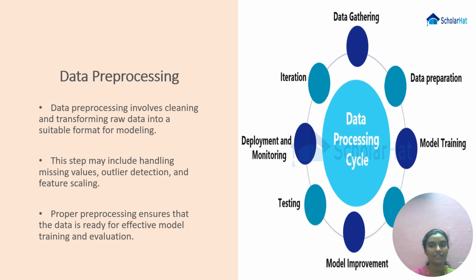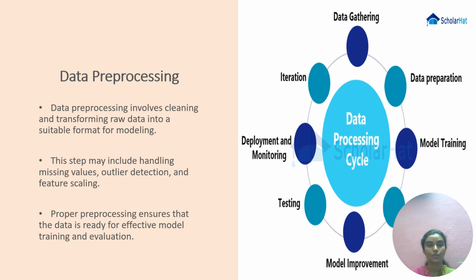The data will often be in a disordered manner; once preprocessing is done, the data will be in a format where it can be used further and very accurately. This step may include handling missing values, outlier detection, and feature scaling. Preprocessing ensures that the data is fit for effective model training and evaluation.